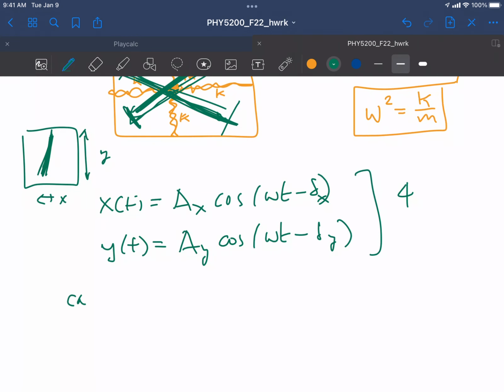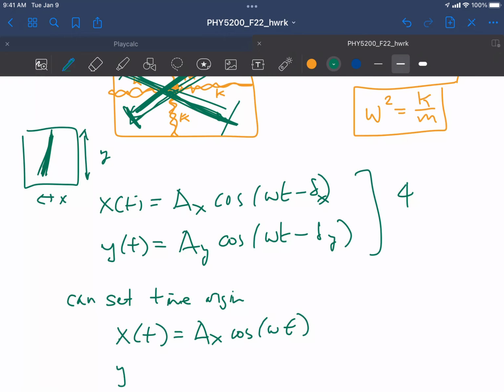We can, though, fortunately set the time origin to get rid of one of these phase angles, such that x of t is ax cosine omega t. We've set the time origin such that it eliminates this little delta x.